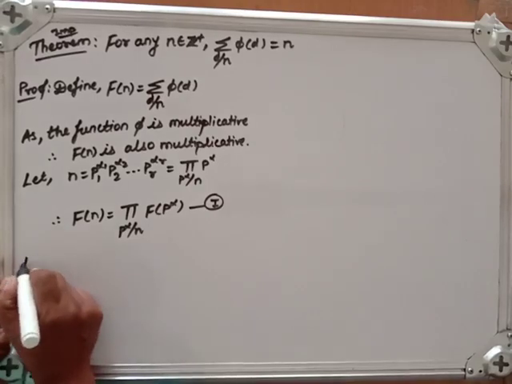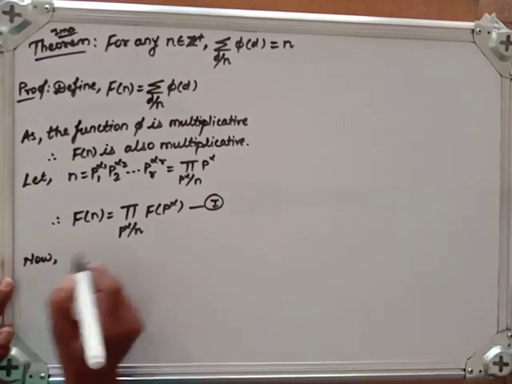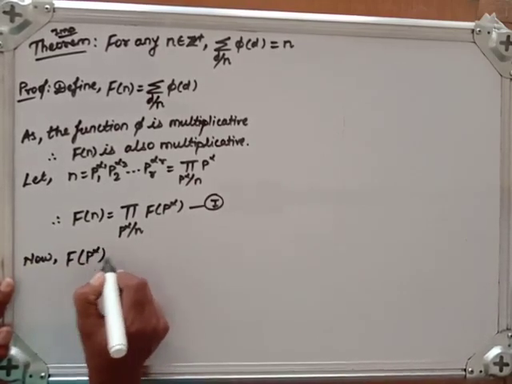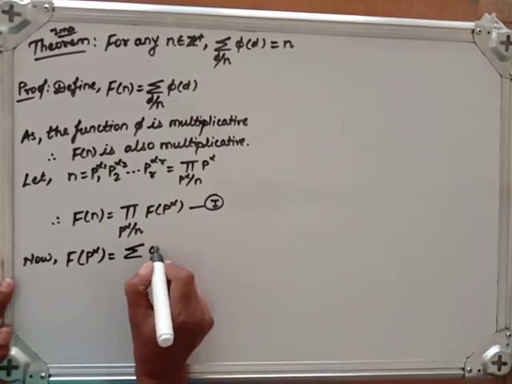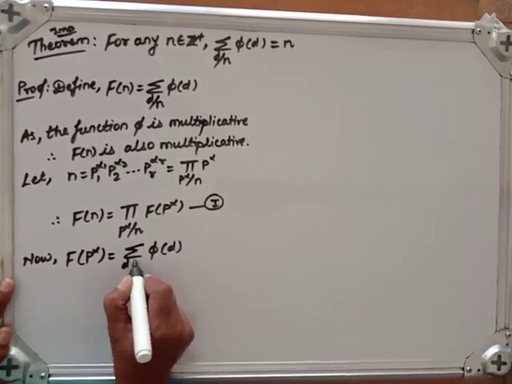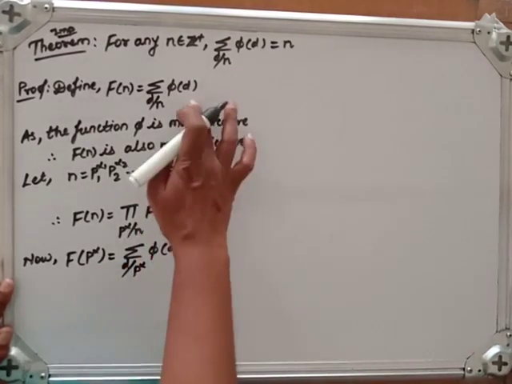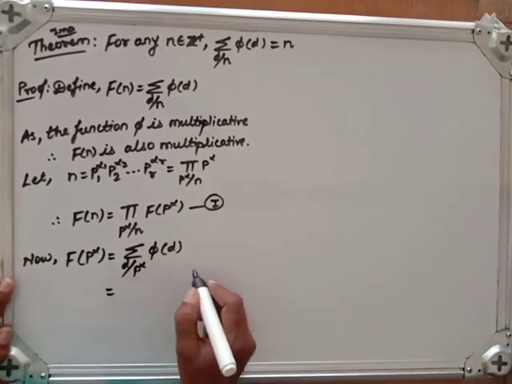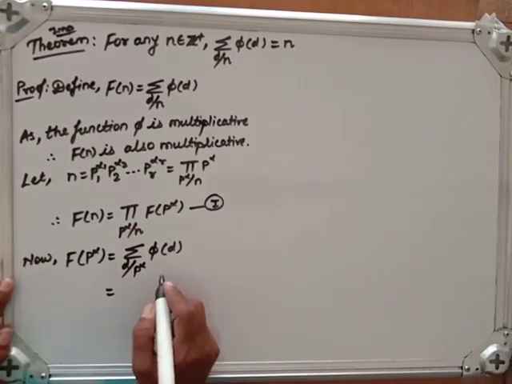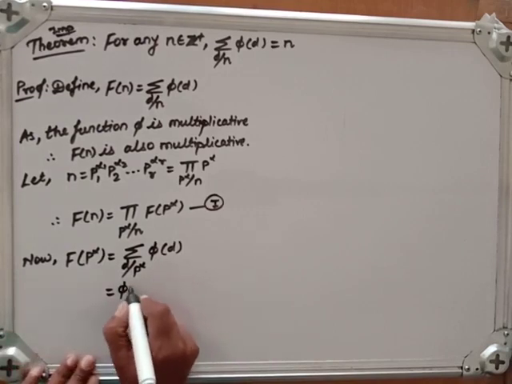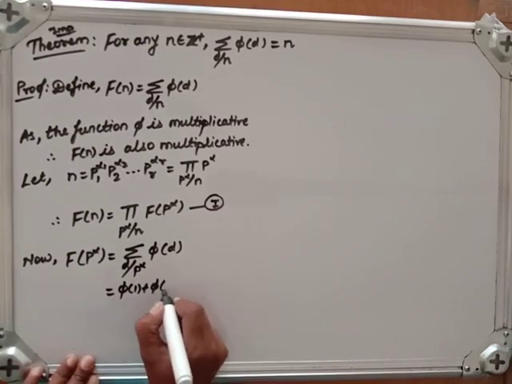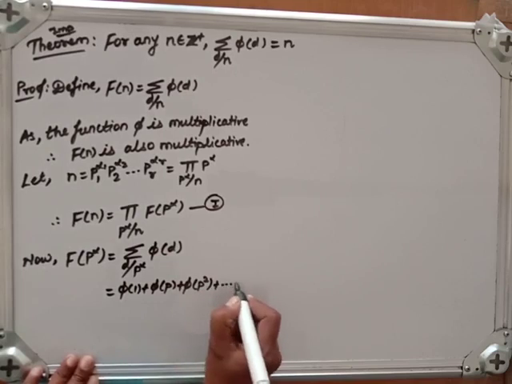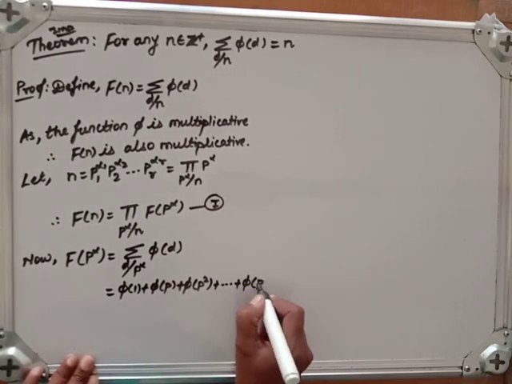Fine. Now our aim is to determine this F of p raised to alpha. So this is summation phi of d where d divides p raised to alpha, according to our definition. So the divisors of p raised to alpha are 1, p, p square and so on up to p raised to alpha. Therefore it will be phi of 1 plus phi of p plus phi of p square plus so on up to phi of p raised to alpha.